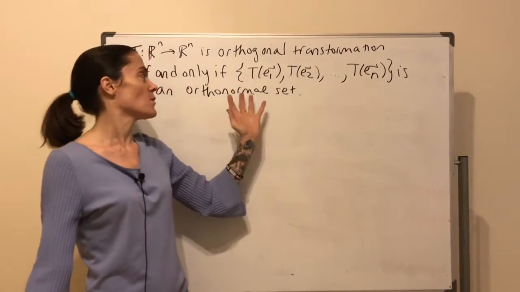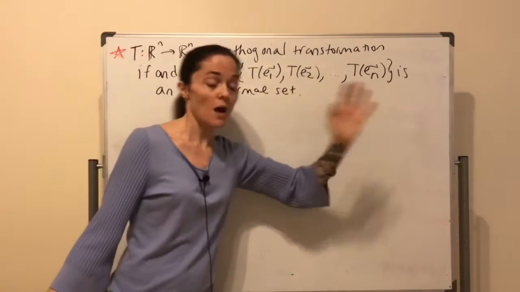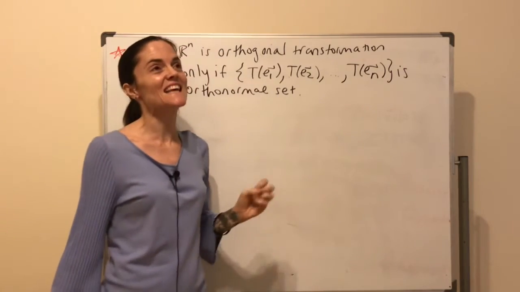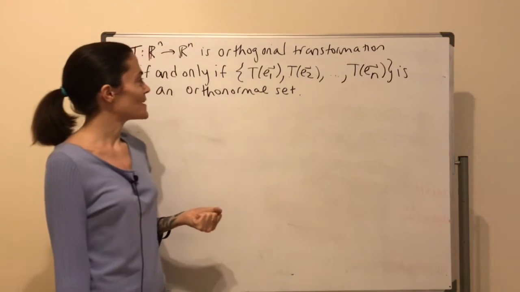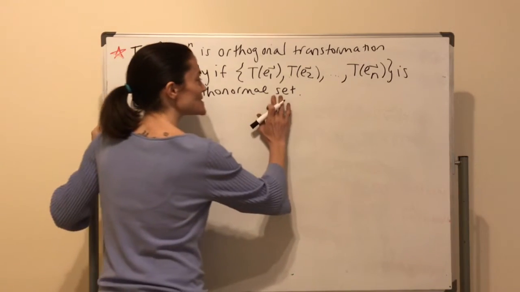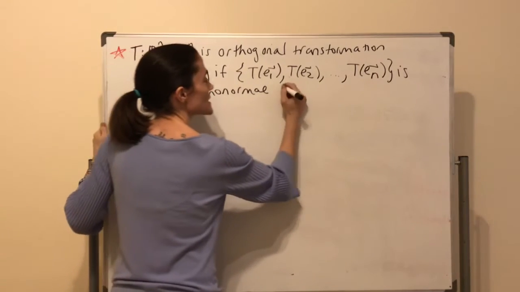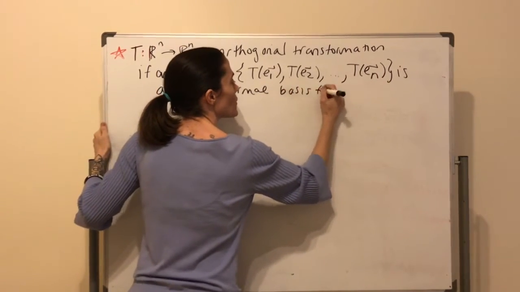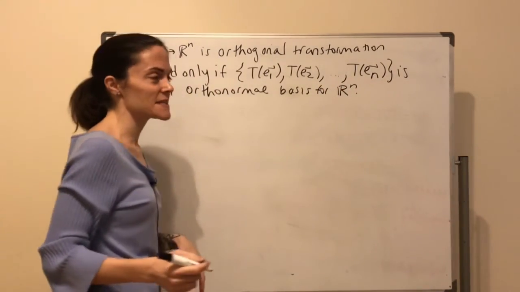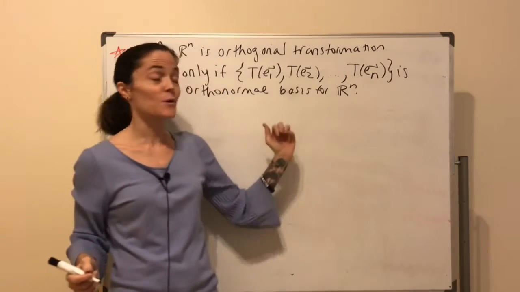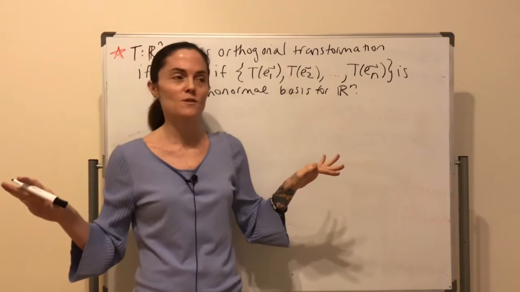But this is an if and only if: these vectors all being an orthonormal collection is equivalent to T being an orthogonal transformation. I can also say basis for Rn, because we have n of them, right? And I've even discussed that some in this video. If you have an orthonormal set of n vectors in Rn, automatically it's an orthonormal basis.